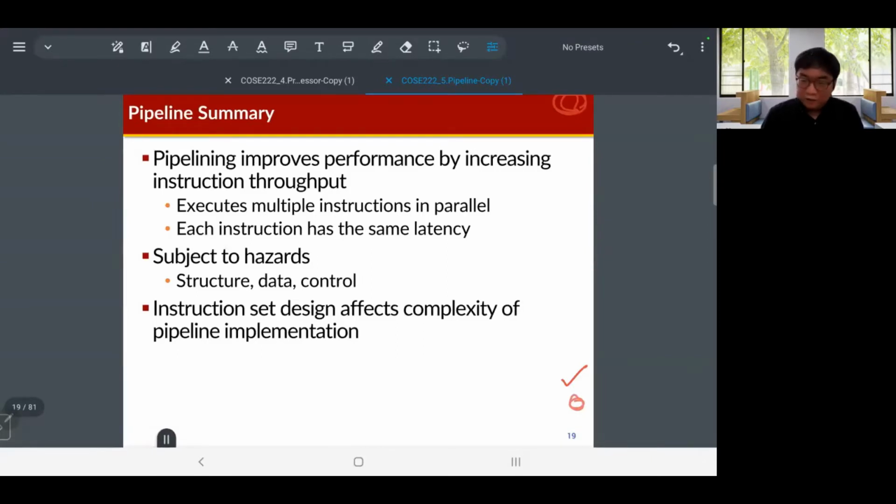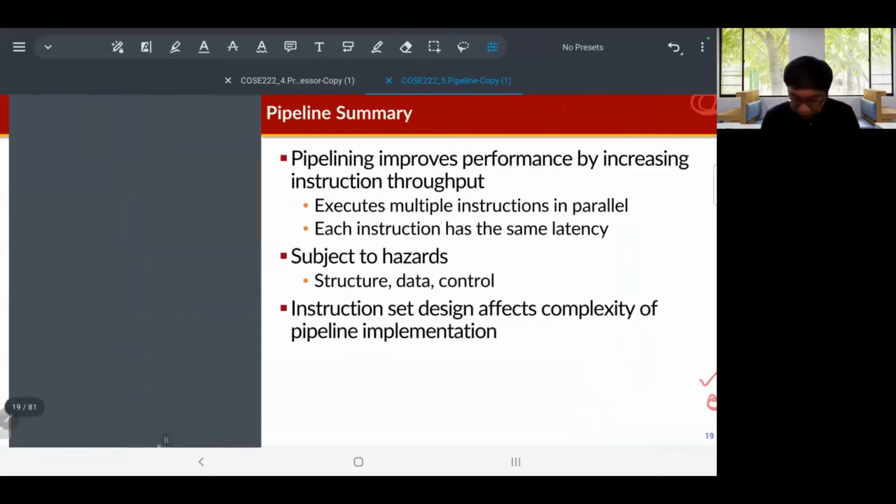So actually this is chapter 4 of the textbook, but I split the slide deck, so that includes the single cycle processor design, and the latter part of chapter 4 covers the pipeline architecture.